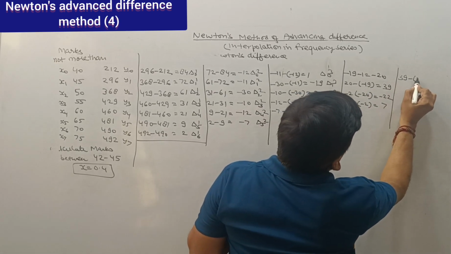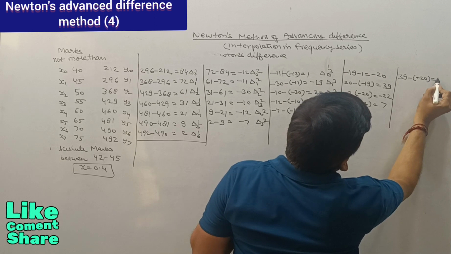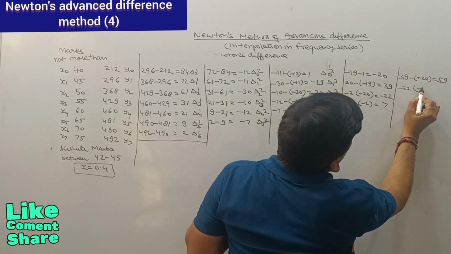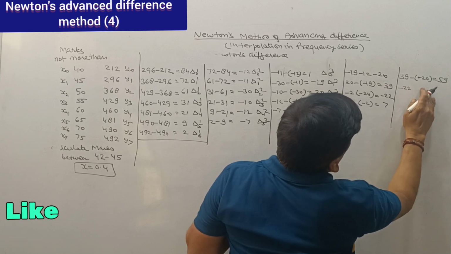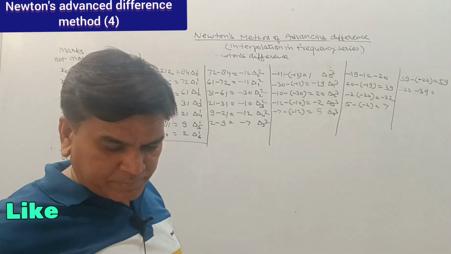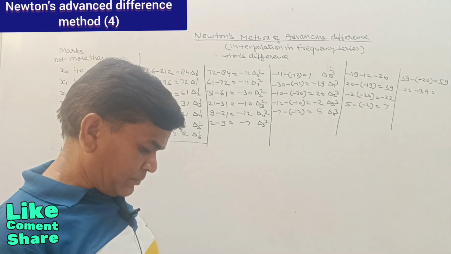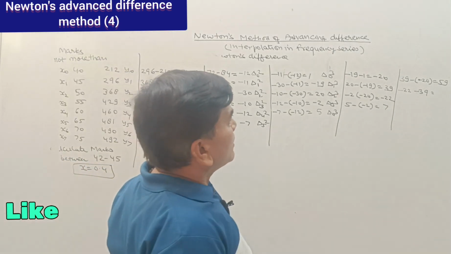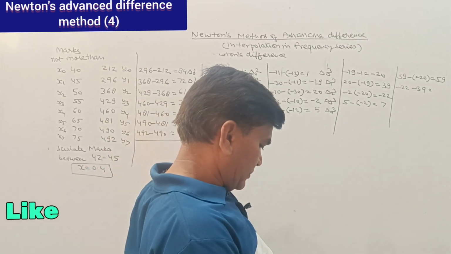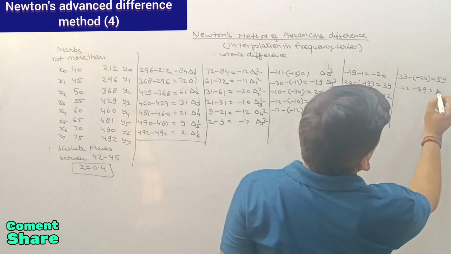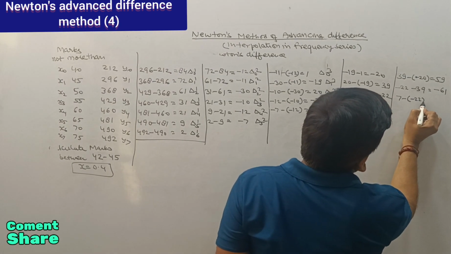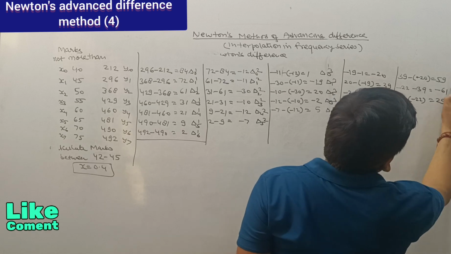39 minus 20, that is 59. Minus 22 minus 39, 22 and 39, plus 39, minus 61. 7 minus 22, 29.